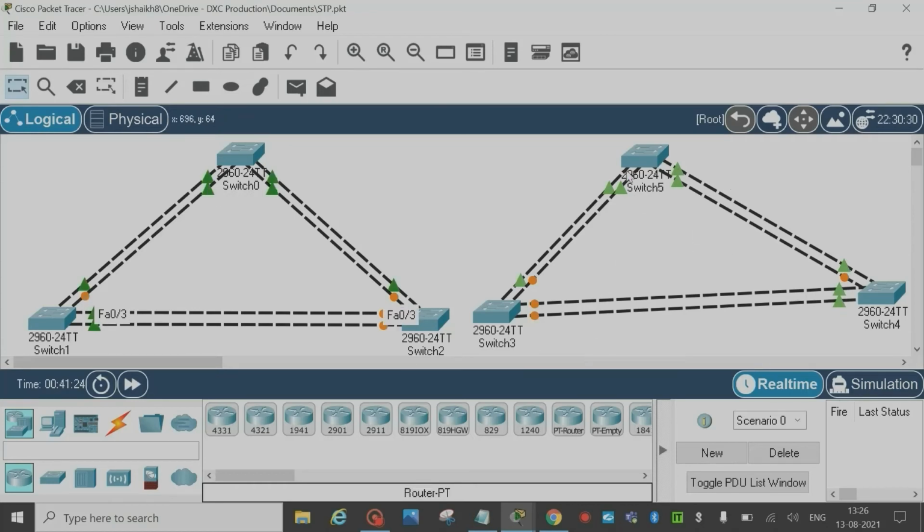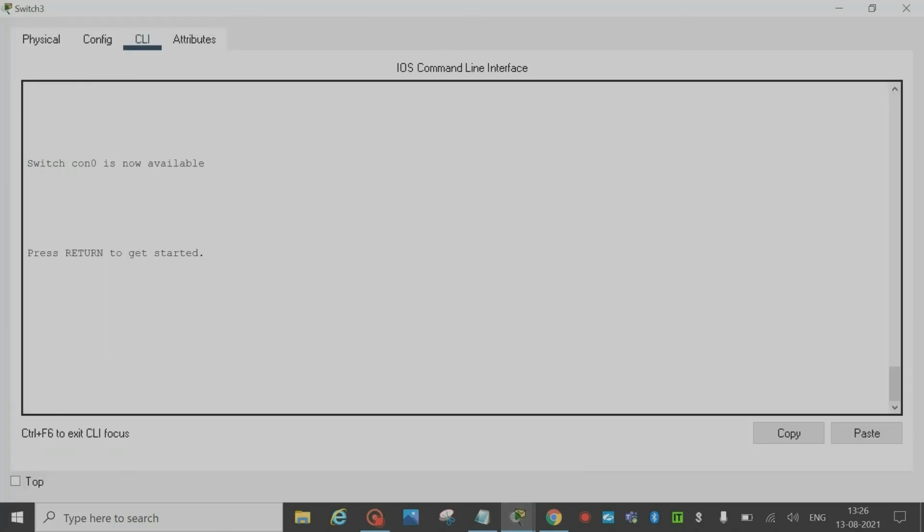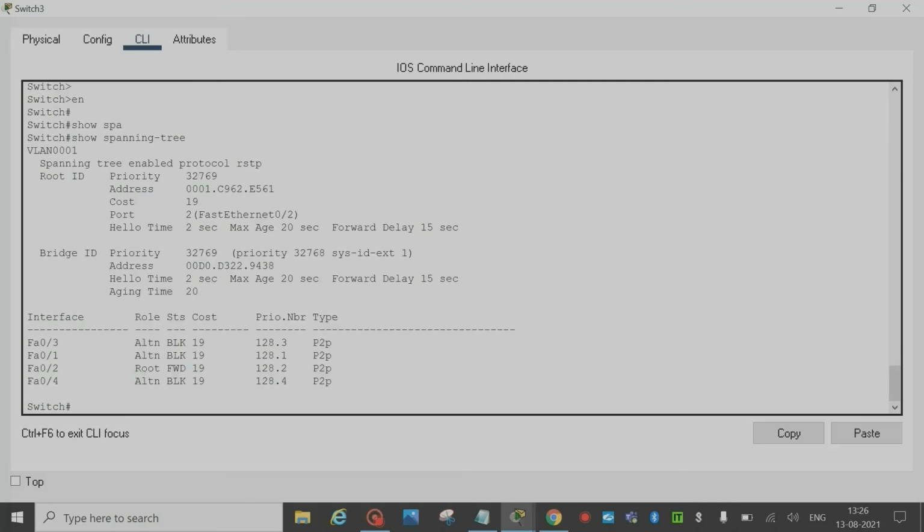Now on RSTP, switch 3, show spanning-tree. We can see one, two, three blocking ports and one root port.